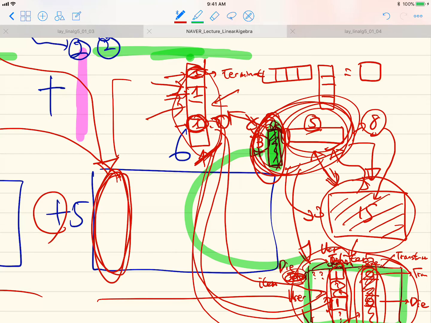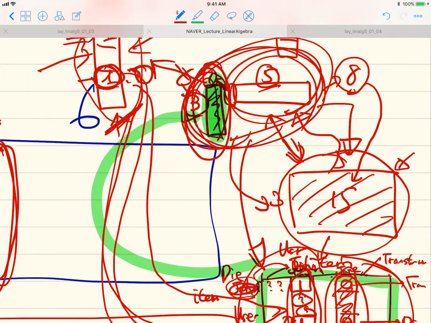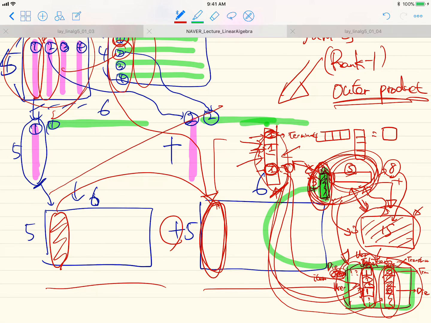That means we are initially given this big matrix, but we try to represent it as a sum of rank 1 outer products, just like this one, right?